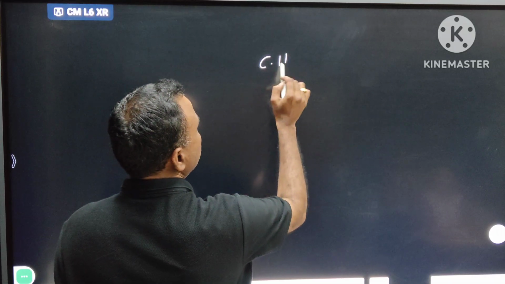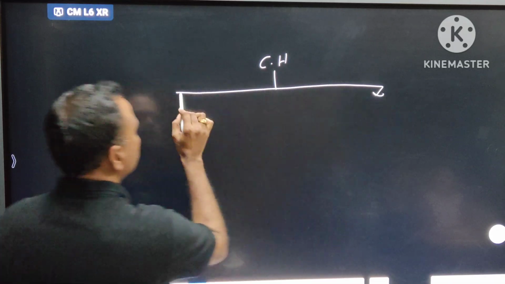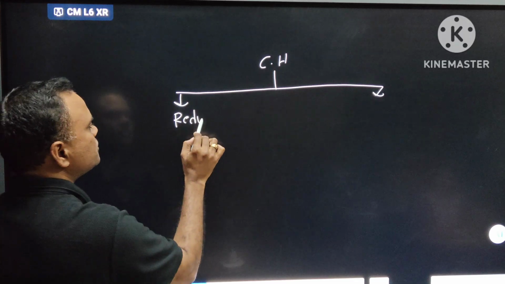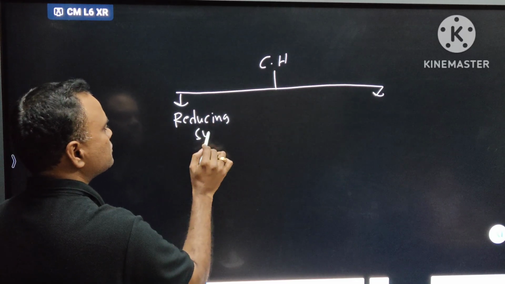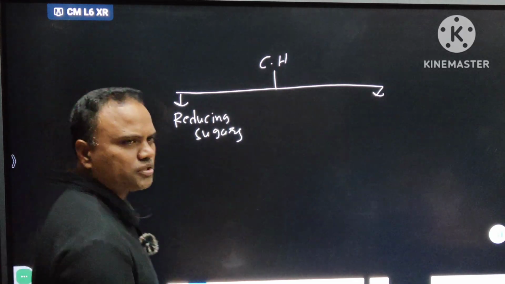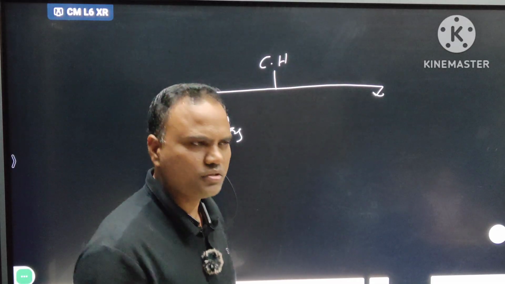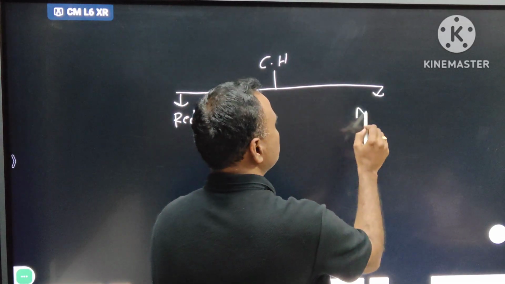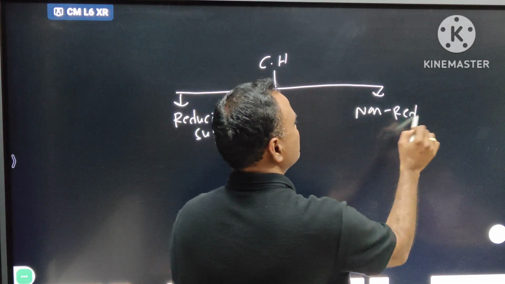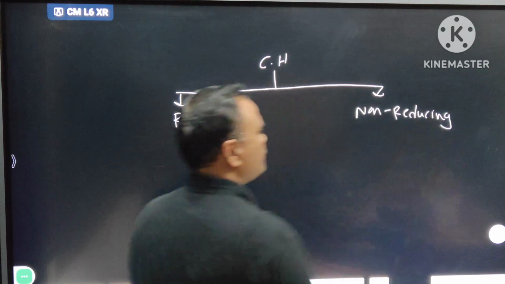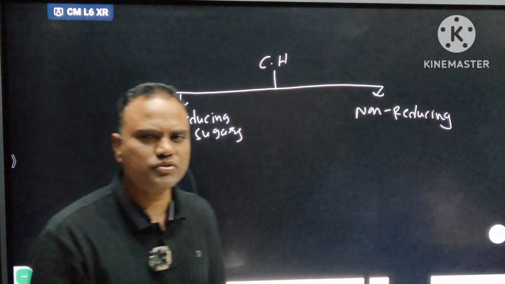Another classification based on the reducing property. Reducing sugars. This is memory based only, like your botany, zoology, learning by heart only. That's why I'm explaining fast. Reducing and non-reducing. The definition is clear. What are reducing sugars?